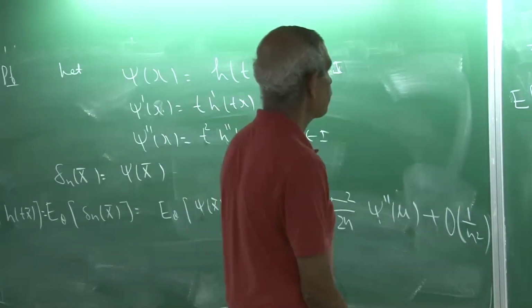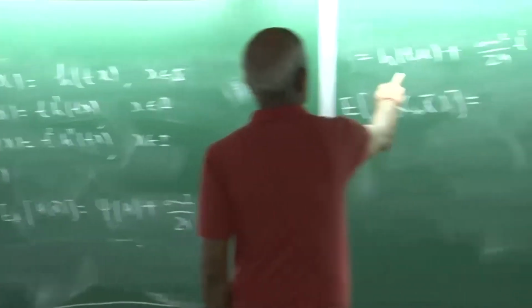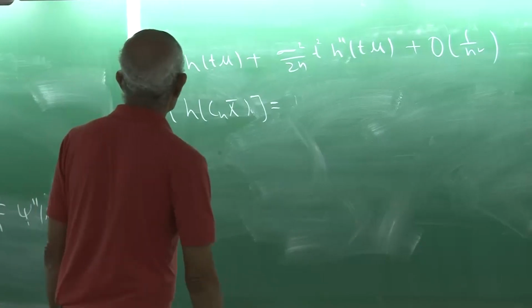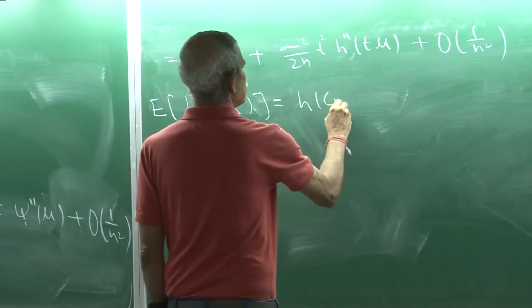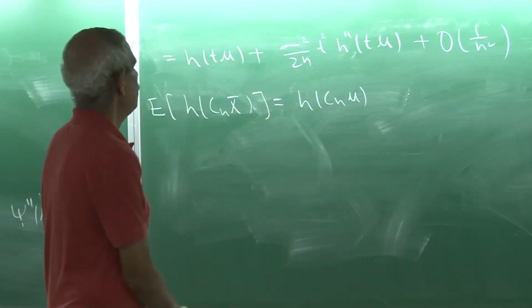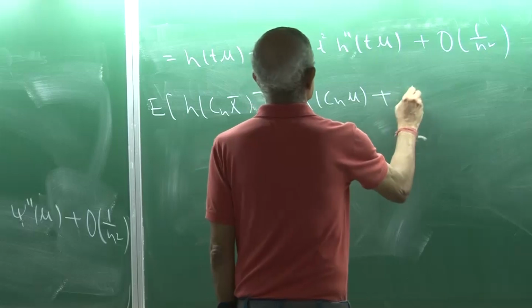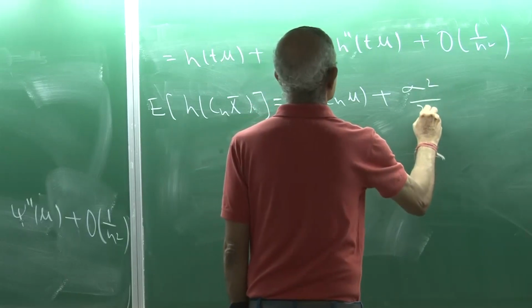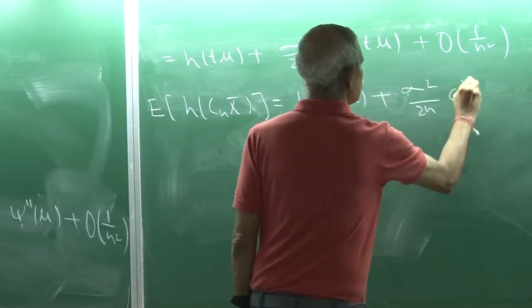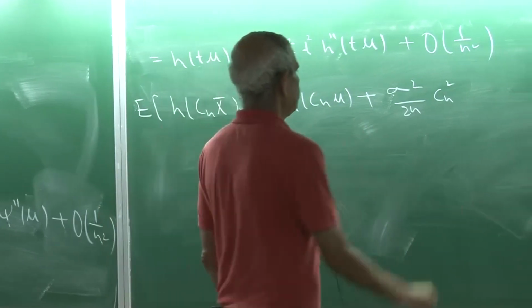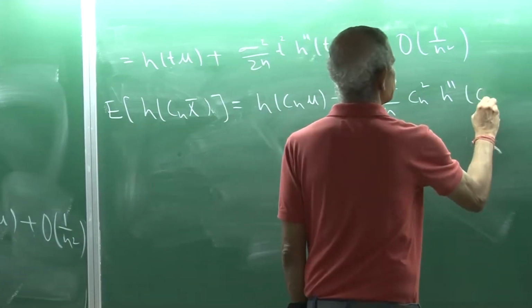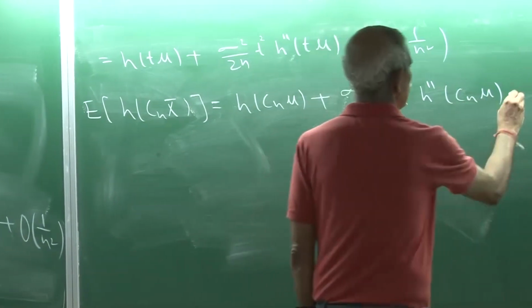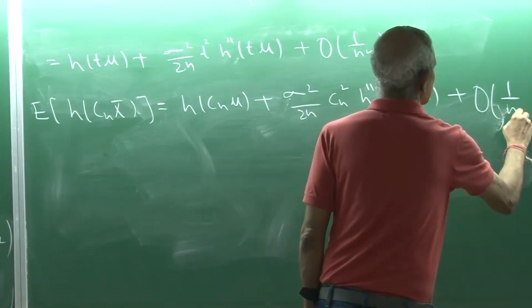Psi of mu is nothing but, putting t everywhere as Cn, h of Cn mu plus sigma square by 2n Cn square h double prime of Cn mu plus little o 1 upon n square.